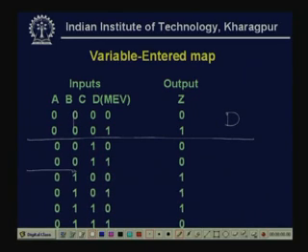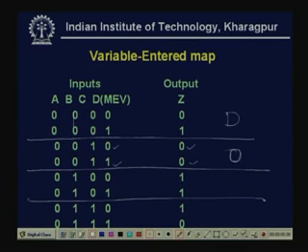Now for the second pair, for 0 0 1, that means A bar, B bar, C: if D is 0, Z is 0, and if D is 1, Z is also 0. That means it does not depend on D, or it is independent of D, so my output is 0.